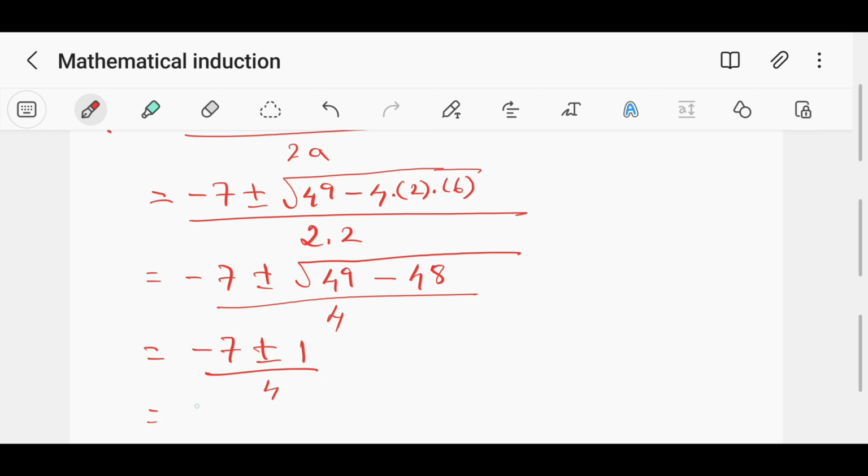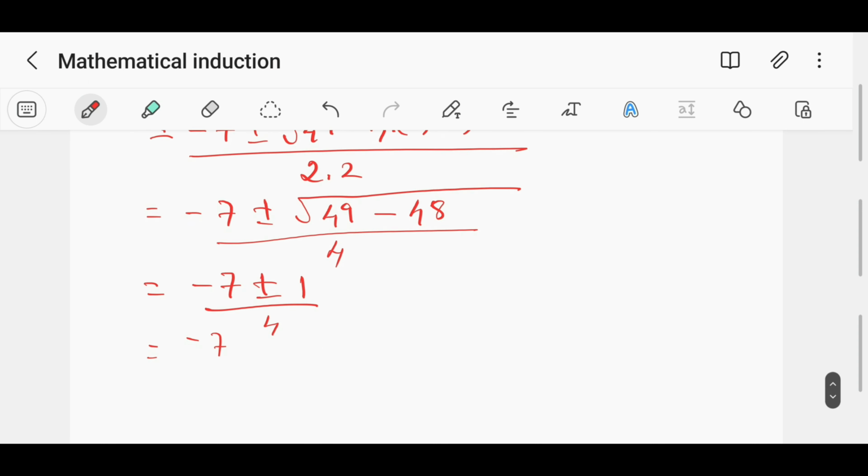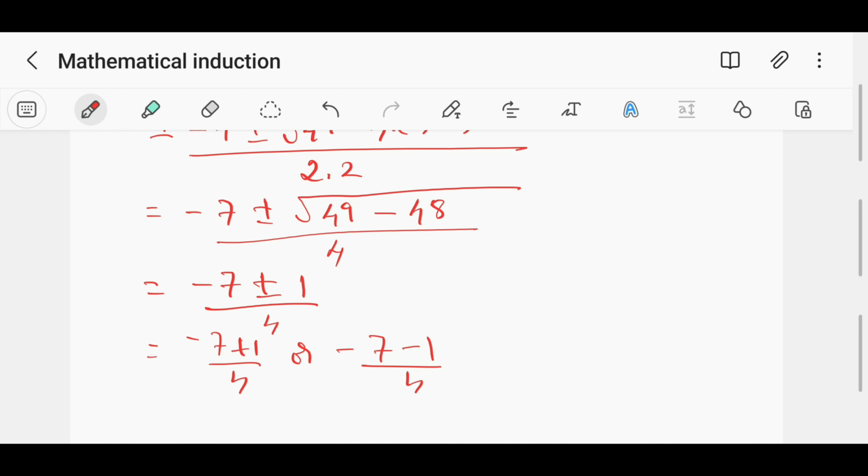So what do you get? This is equal to minus 7 plus 1 by 4, or minus 7 minus 1 by 4, two values you have. So k is equal to, because you have plus or minus here, one value will be with plus, one will be with negative. So minus 7 plus 1 by 4, that is minus 6 by 4, or minus 8 by 4.